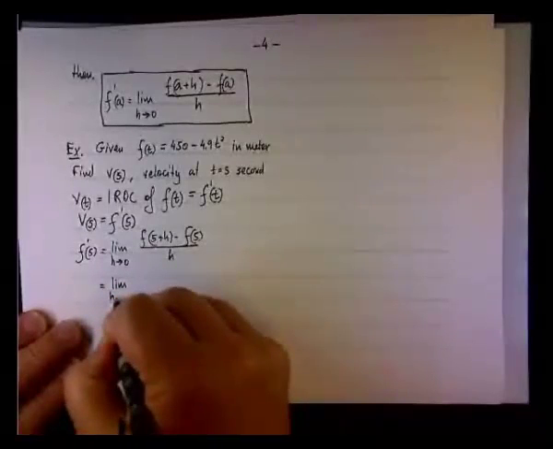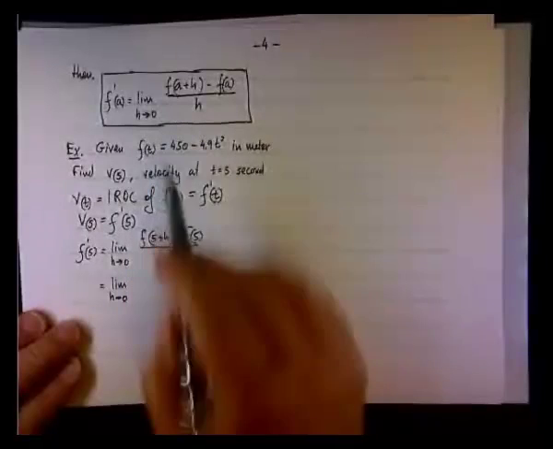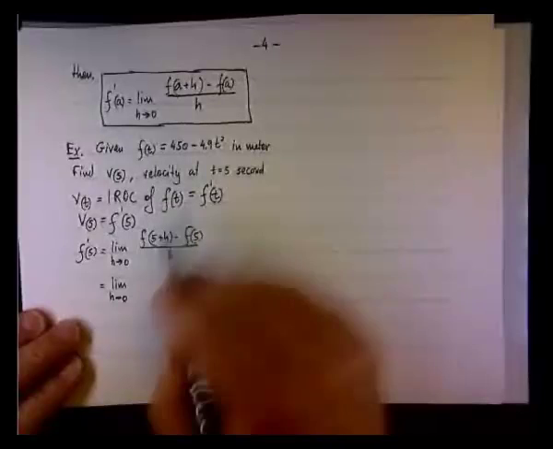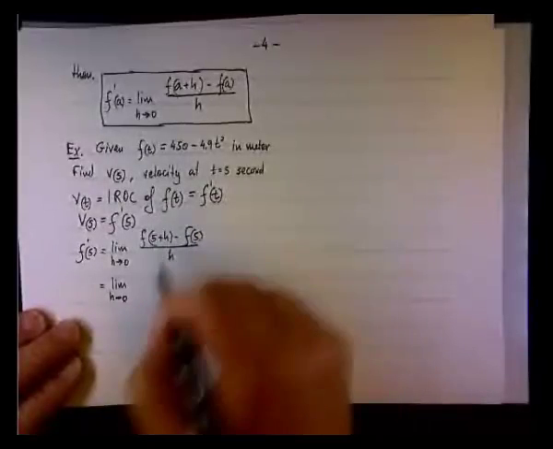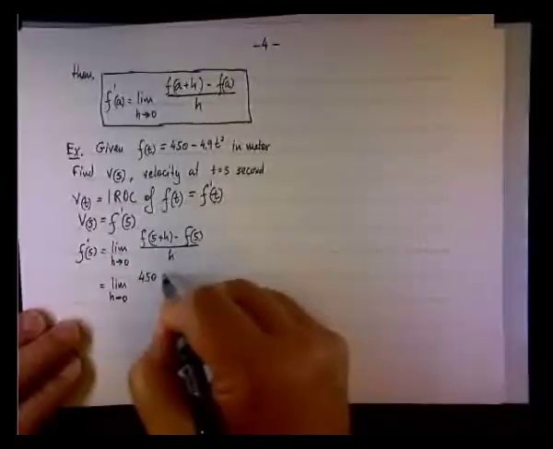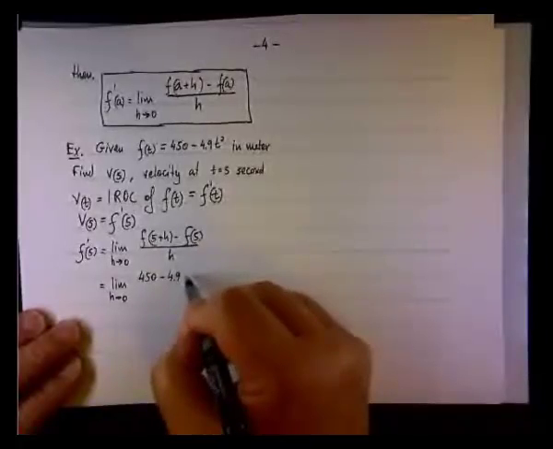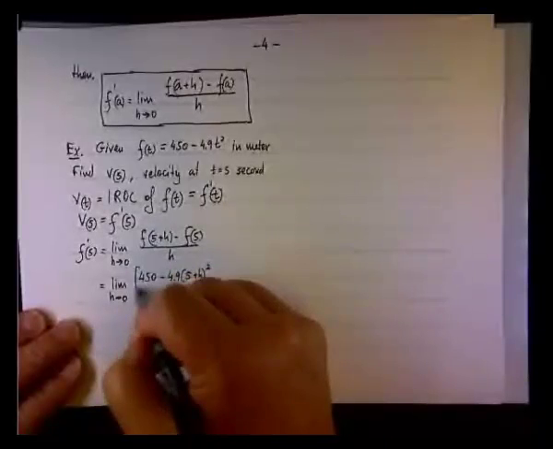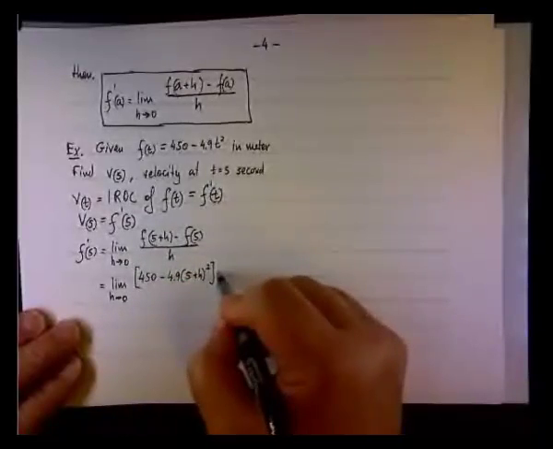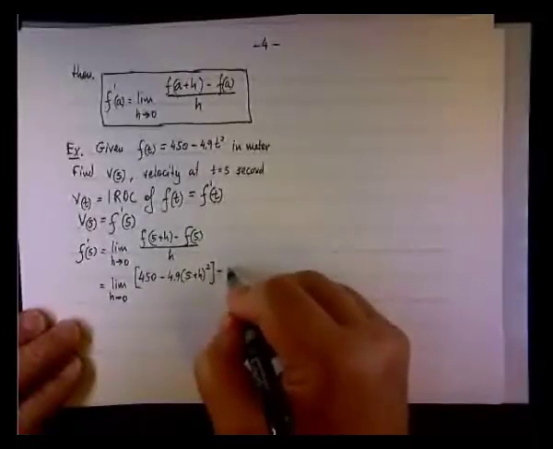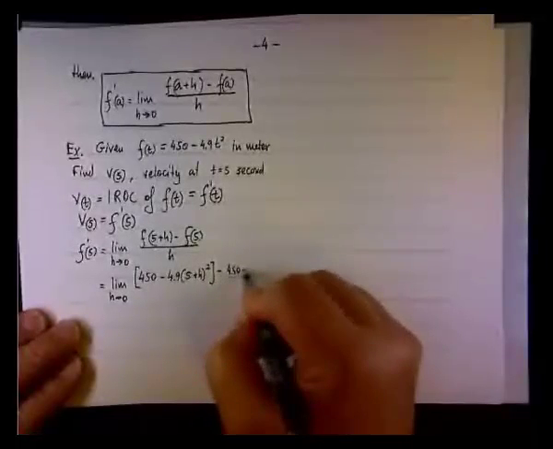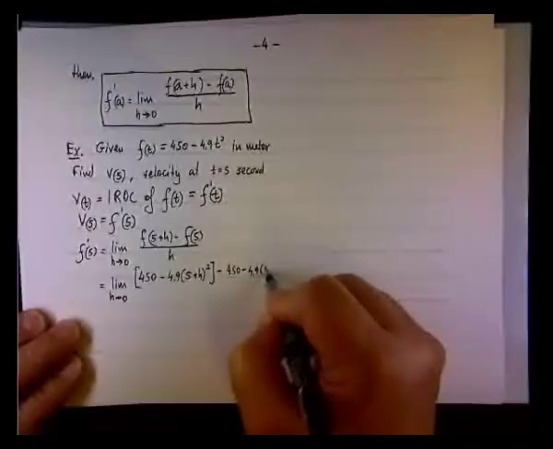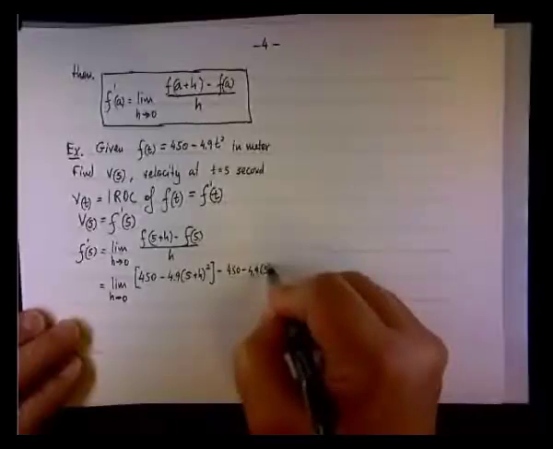So the limit as h approaches 0, and now I'm looking at the function 450 minus 4.9 t squared. Instead of t squared, 5 plus h. So the first expression will be 450 minus 4.9 times 5 plus h squared. Right? This will be f of 5 plus h. And then f of 5 will be simply 450 minus 4.9 times 5 squared.